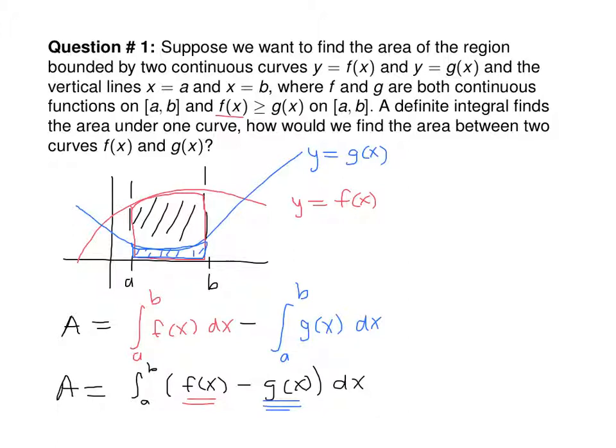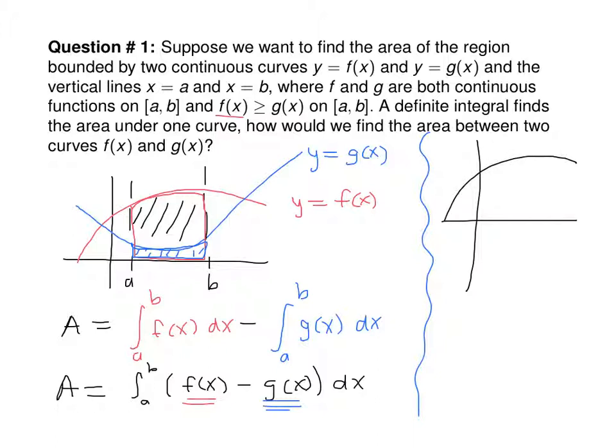This even works if one of your curves is negative. So look at this picture. Suppose that's f of x, and down here is g of x. Now, if you find f of x minus g of x, you will be taking away a negative number, which actually is going to make an addition, double negative.